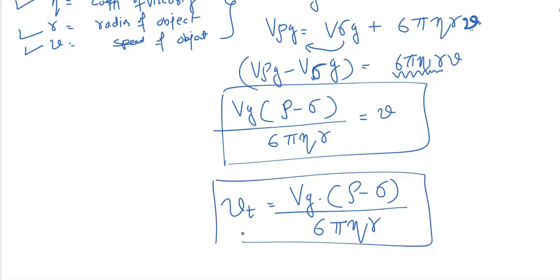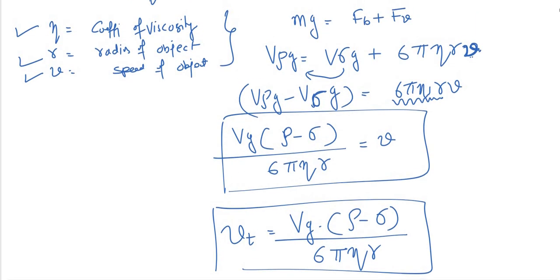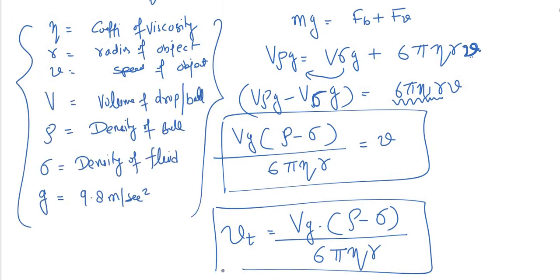And what is the meaning of all the letters? You can write down the meaning of each letter once again. In this formula, eta is the coefficient of viscosity, r is the radius of the drop which is falling. We are assuming this drop to be almost spherical. v is the terminal velocity.